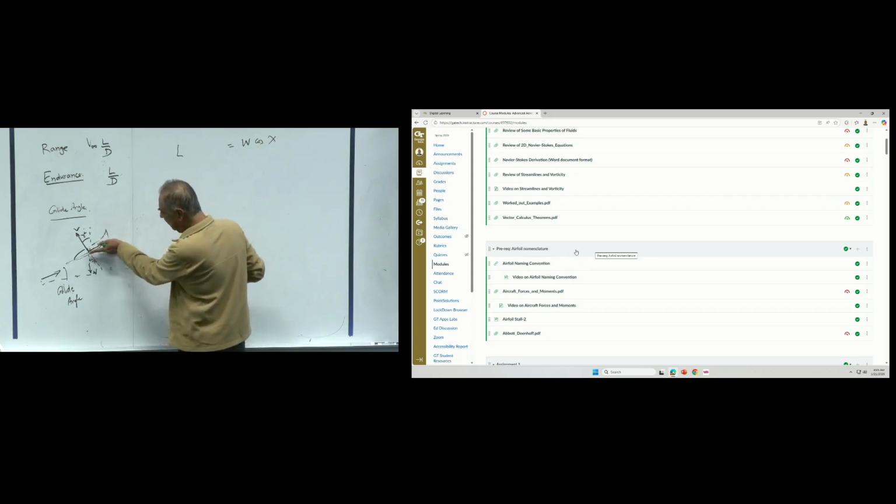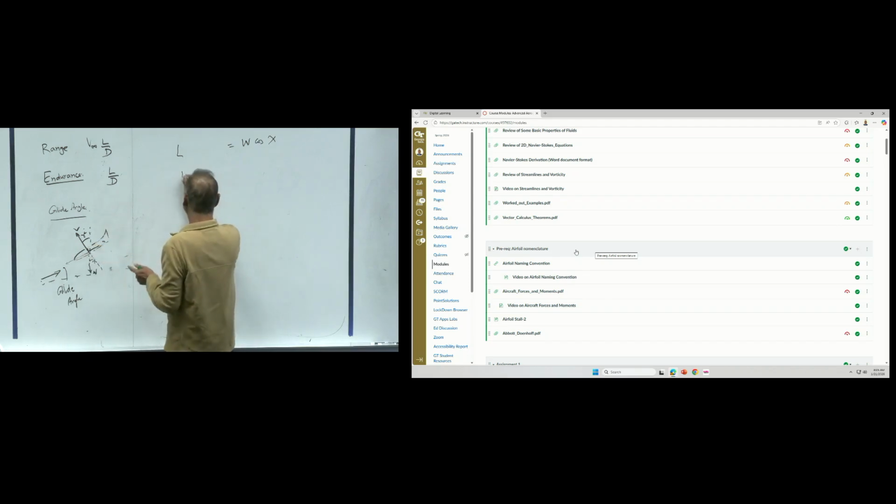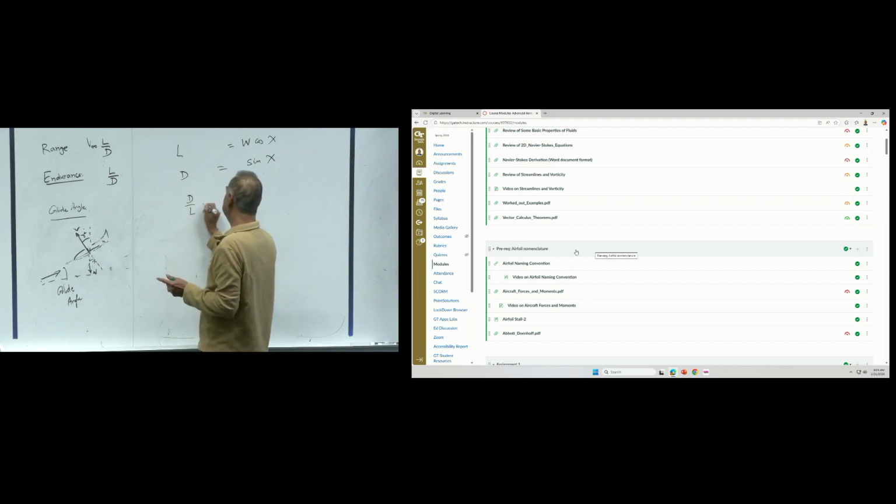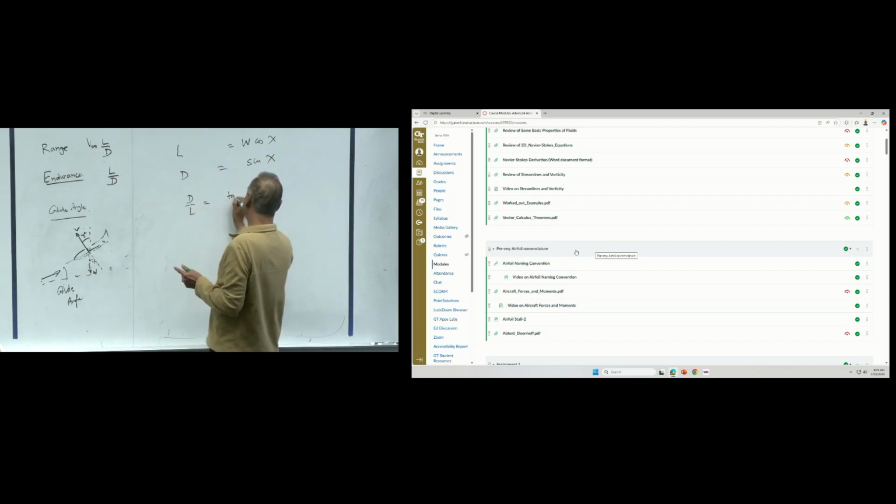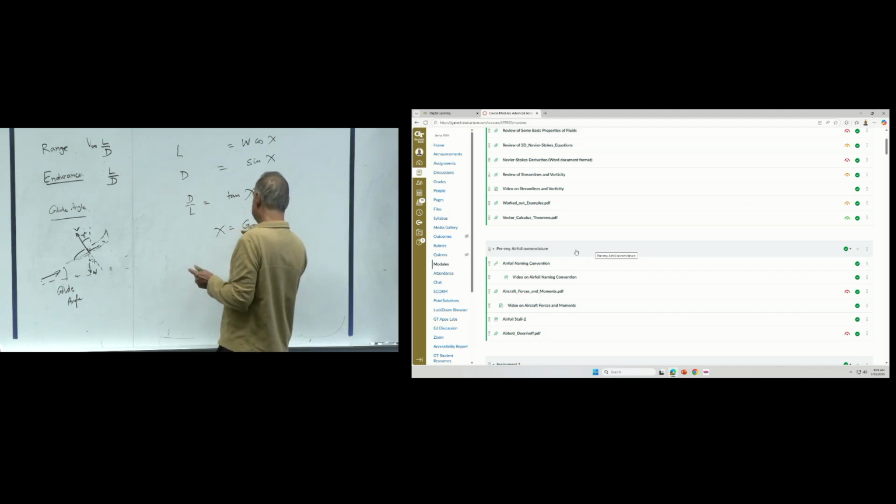And then the weight will have a forward component, D equal to weight times sine of chi. So D over L equal to tangent of chi, where chi is the glide angle.